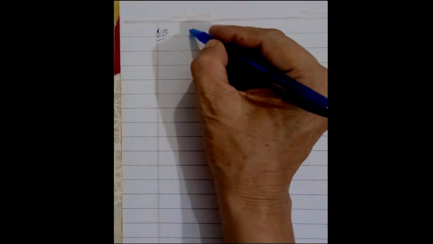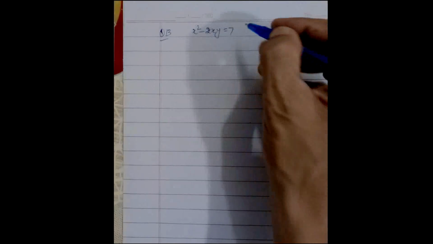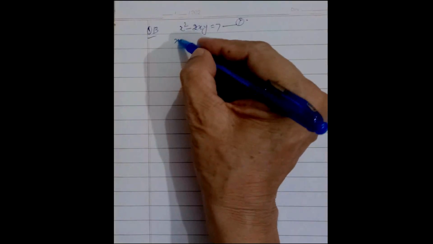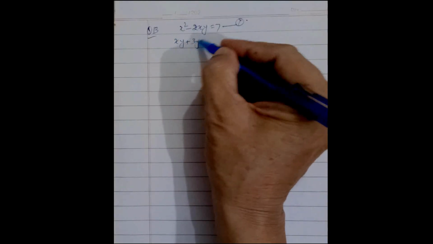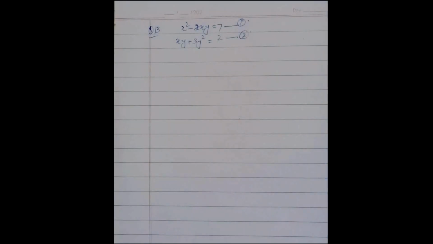The question 13 is, the first equation is x square minus 2xy is equal to 7, equation 1, and the other equation is xy plus 3y square is equal to 2, equation 2.